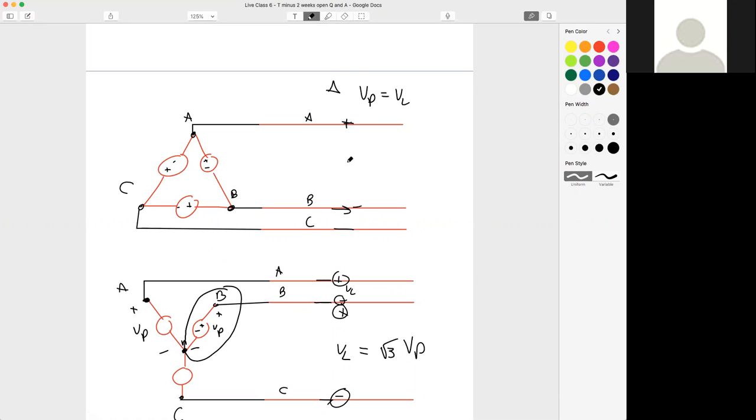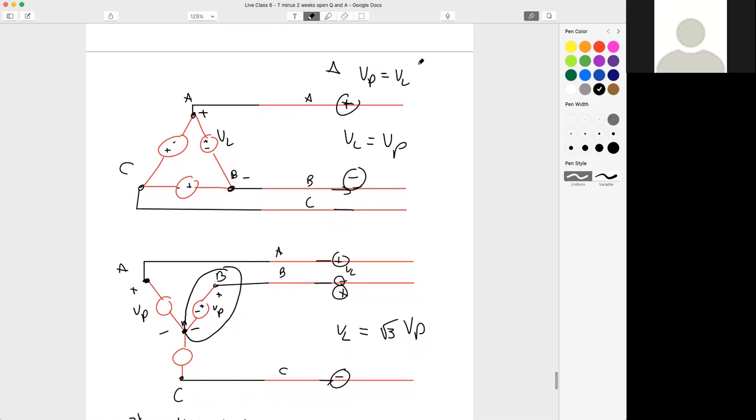Here's my line voltage, plus VL minus, right? That would be plus A to B. Here's my phase voltage. Across one phase, I got VA to B minus. So since these are the same two points, VL equals V phase. Does everyone see that's why these relationships are the way they are? When we use the term line, we're actually talking about these guys right here.